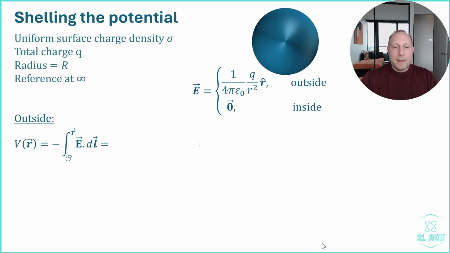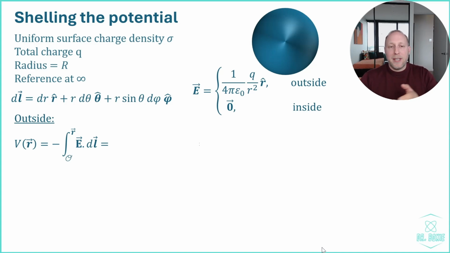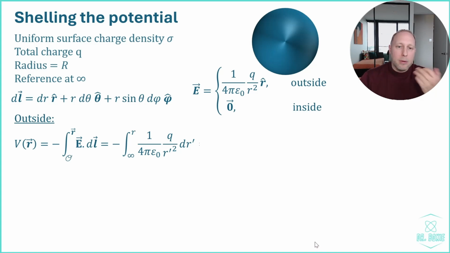Remember, dl in spherical coordinates is given by this expression. And when we take the dot product of E and dl, we are left only with the dr term. And so the integral we actually need to calculate is this one, negative the integral from the reference point, which is infinity, to r, of 1 over 4 pi epsilon naught times q over r squared dr. The 1 over 4 pi epsilon naught and the q come out of the integral.